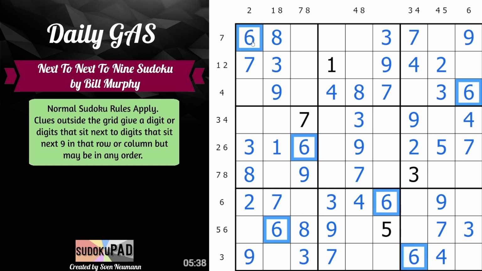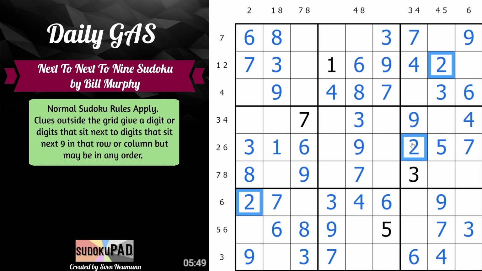But that's not actually the end of it. This is 6. And then we're left with an X-wing. And then the 2s, we do get 2 here. We get 2 here. Am I missing something? 4.